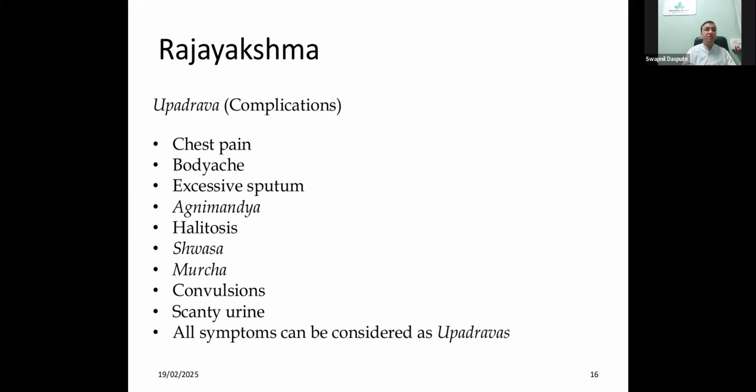Upadravas, a lot of complications are there. Chest pain, body ache, excessive sputum, praseka, that is what it is called in Sanskrit, Agni-mandya, halitosis, which is bad breath, shwasa, murcha, unconsciousness, convulsions can be seen, scanty urine. We saw in Purisha that the body is trying to hold the Purisha more for its nutrient.